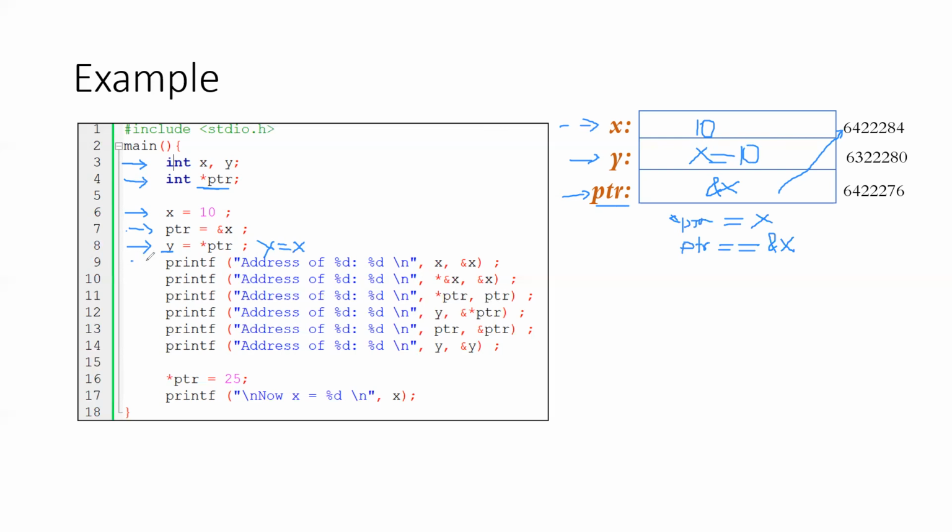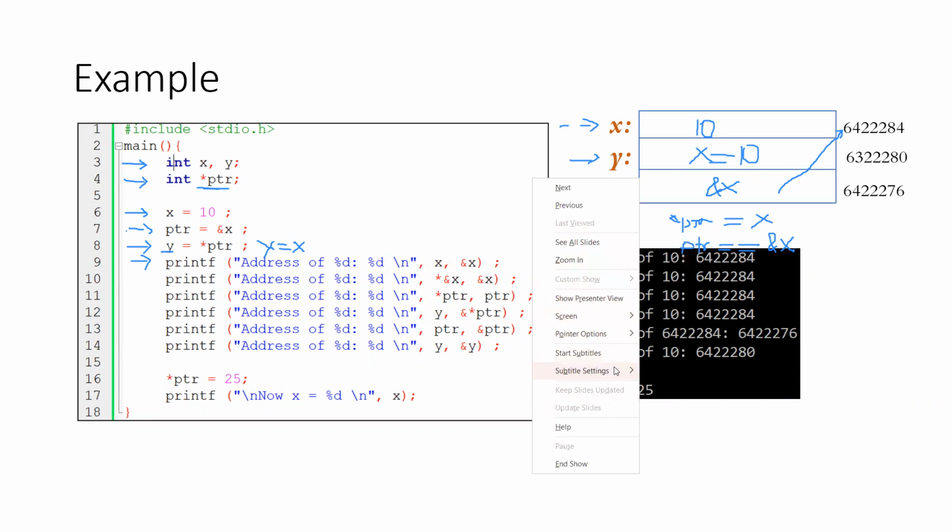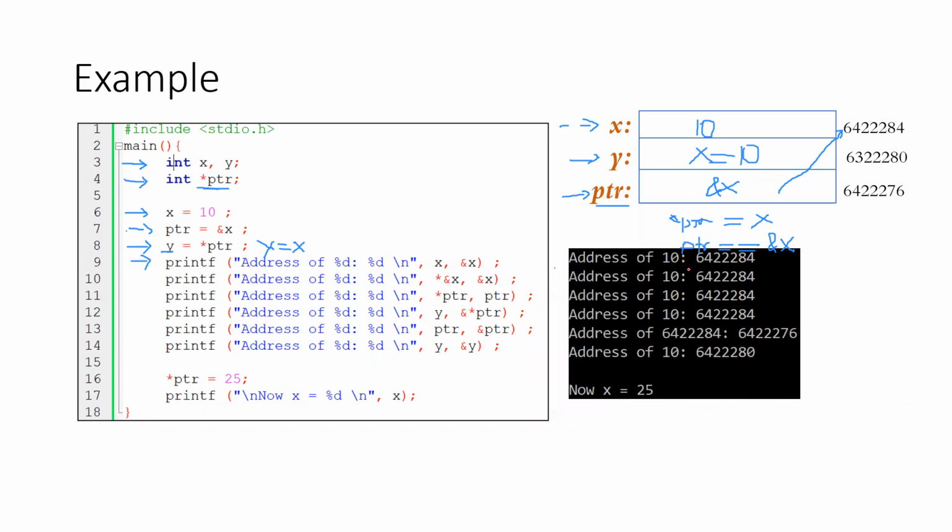On line 9, we start printing the values of the variables that we have declared. On line 9, we are printing the address of x, so the result will be the address of x, which is 642284.